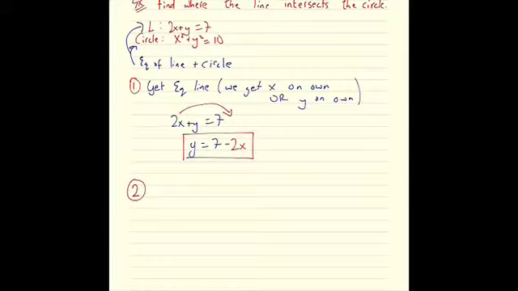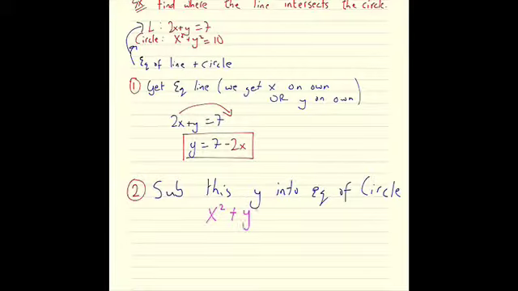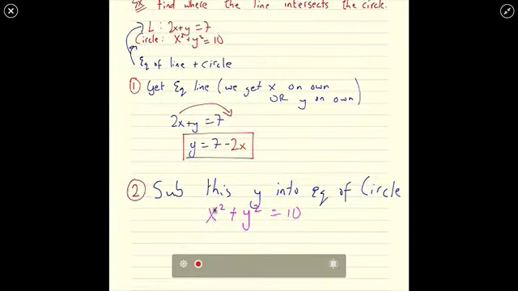Can you remember the next thing, Amy? Sub this y into the equation of the circle. So let's write out the equation of the circle here, John. It's going to be x squared plus y squared equals 10. How do you know this is a circle one, Reese? Because it has the x squared and y squared.